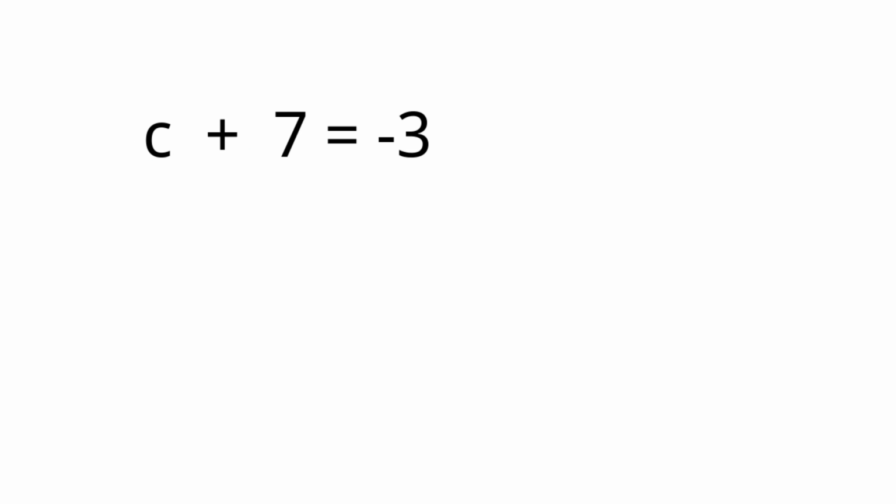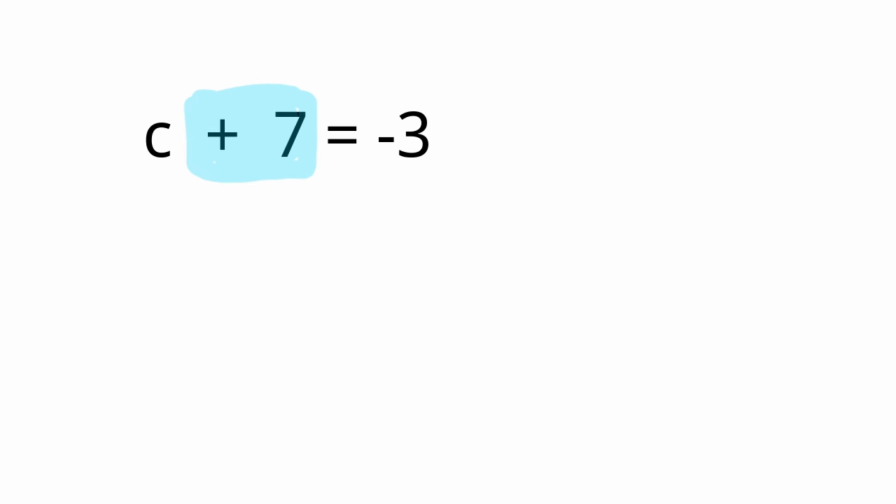Here we have a number, which is C, plus 7 equals -3. First, highlight the plus 7. We want to undo plus 7, so that way we can isolate the C and get it all alone.